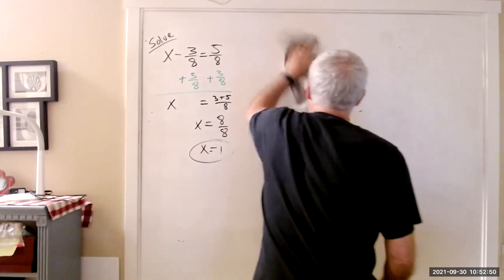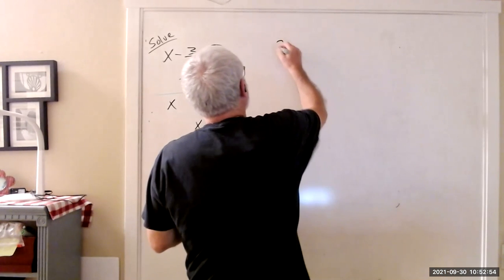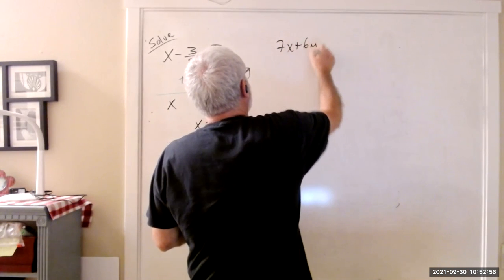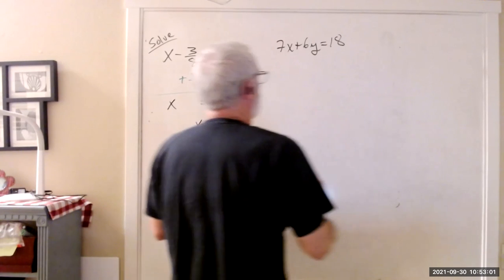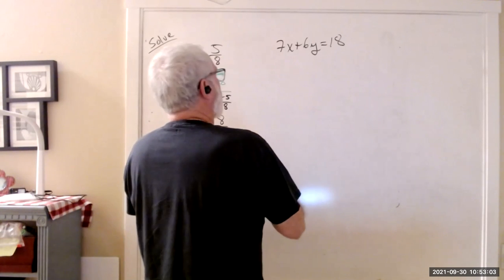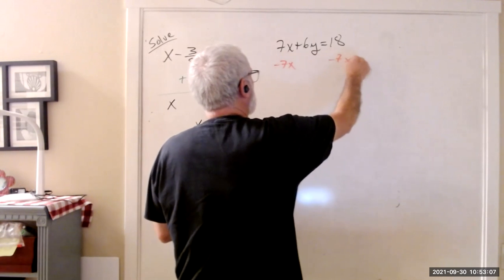7x plus 6y equals 18, and it says solve for y. Okay. Solve for y means we want to get y alone. So the first thing I would do is take away 7x from both sides.